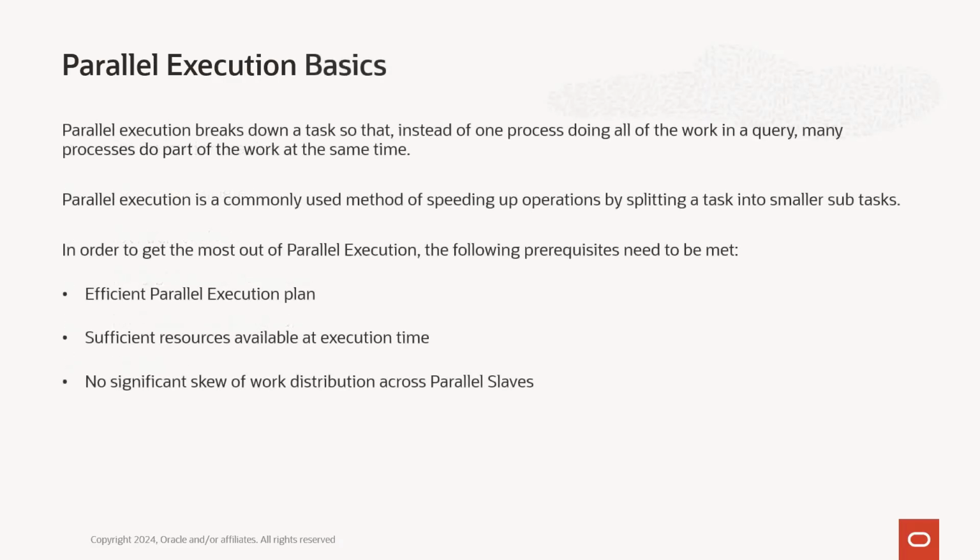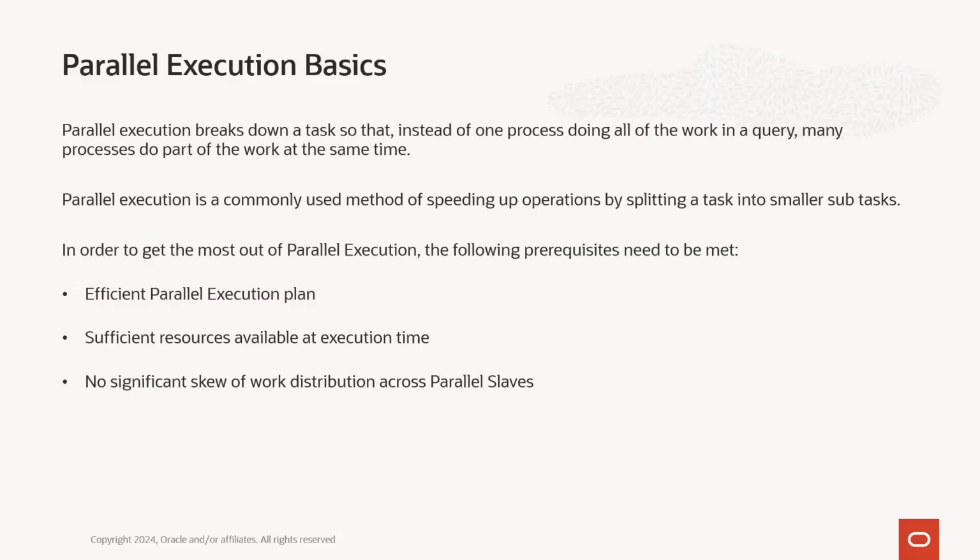In case of serial execution, the work will be carried out by only one process. In parallel execution, the work will be broken down and divided into smaller subtasks. It's a commonly used method for speeding up operations by splitting them into subtasks.